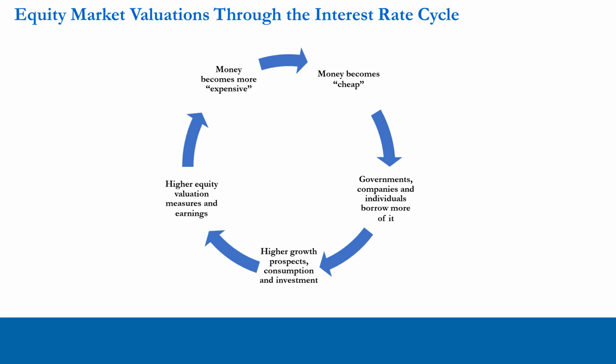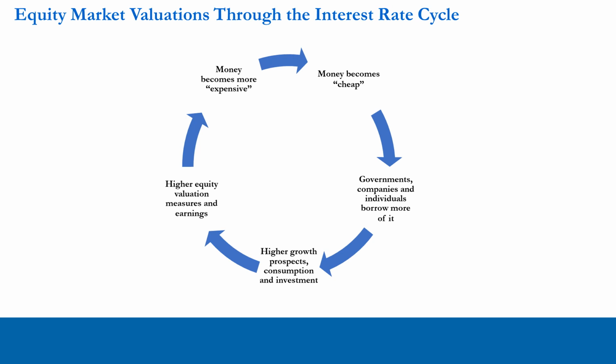What tends to happen? What actually happens when this occurs? Well, money becomes cheap, okay? Money becomes low priced, and we get an increase in liquidity, okay? Prices start to move. The cost of money, the price of money, becomes relatively cheap or cheaper than before.